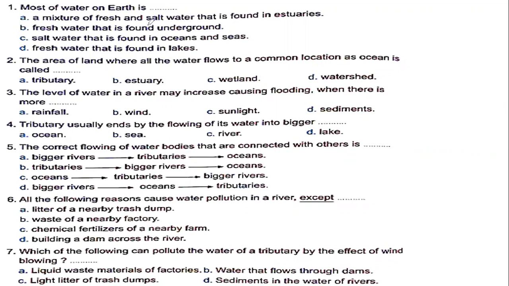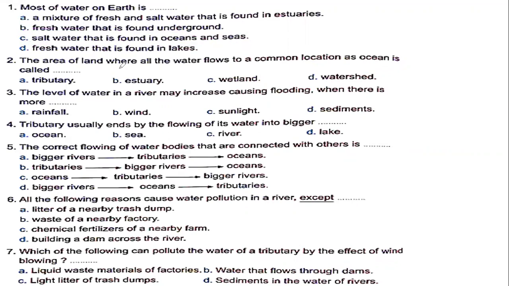Most of water on earth is, most of water هيبقى ايه؟ Yes, salt water. قلنا salt water 97%. طيب salt water that is found in ocean and sea. Number 2.